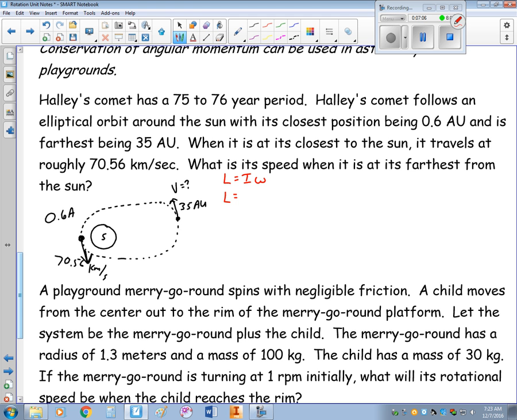So the moment of inertia for a point mass is mr squared. Now, since I have v's, I want to get rid of that omega. So v equals r times omega, so omega would equal v divided by r. So the angular momentum for Halley's Comet, notice that we have some canceling here, is mrv.